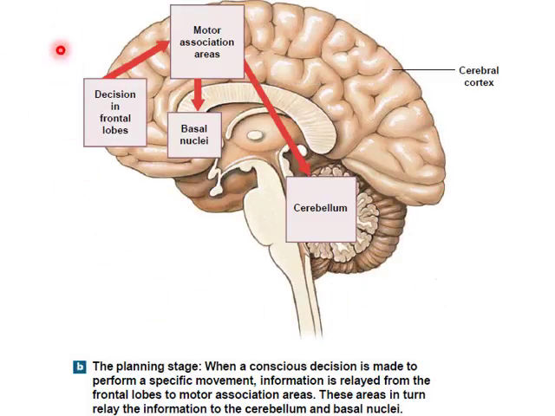This is the circuit that we just talked about. My initial decision came from the primary motor cortex, premotor and supplementary motor cortex. This is the initial huge crude signal coming from the brain. The signal goes to the basal ganglia for replanning, goes to the cerebellum to adjust the muscle tone, and then back to the motor cortex one more time to precisely discharge an impulse that is equivalent to the intended movement.